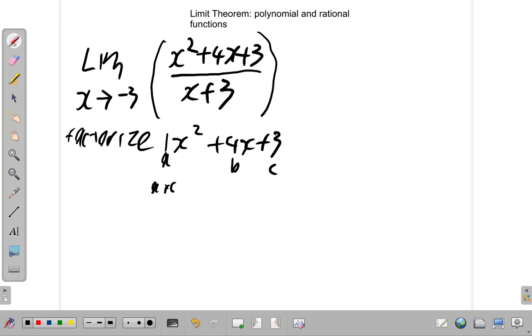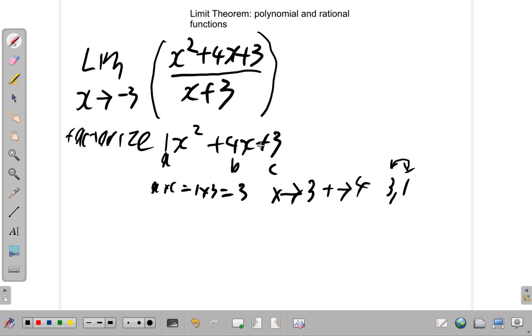A times c is 1 times 3, which is 3. What are the numbers that multiply to give you AC, which is 3, and they add to give you 4? Let's see. I know that 3 and 1. 3 times 1 is 3. 3 plus 1 is 4. 3 and 1.